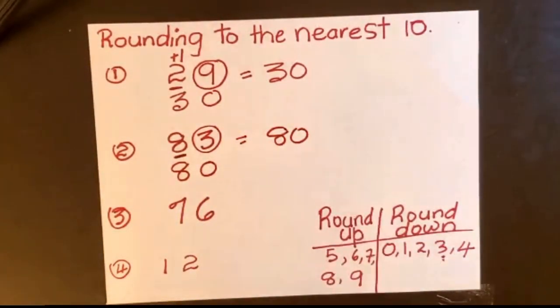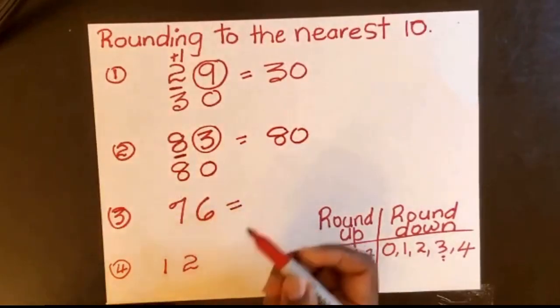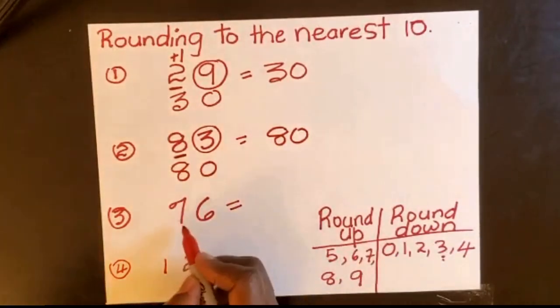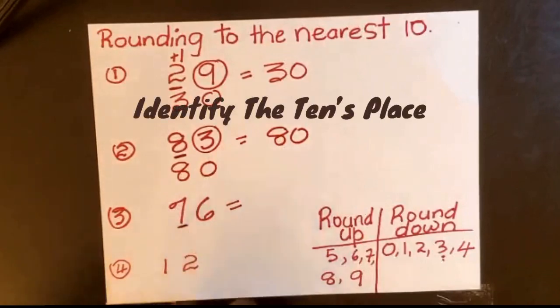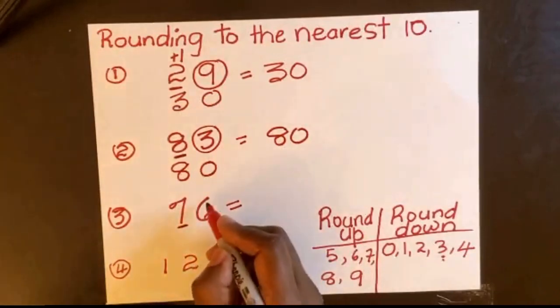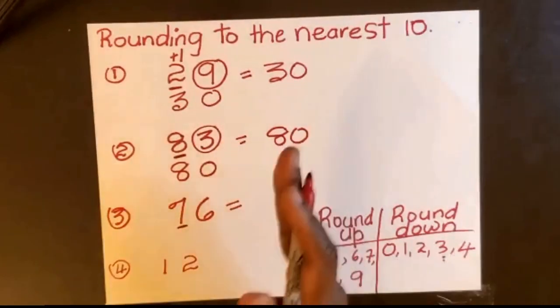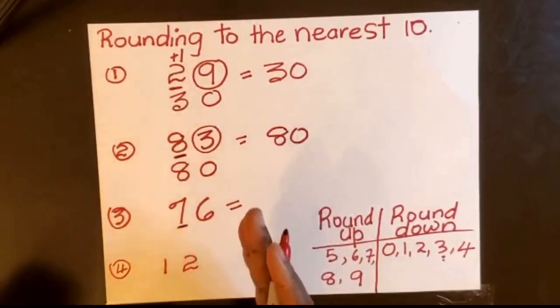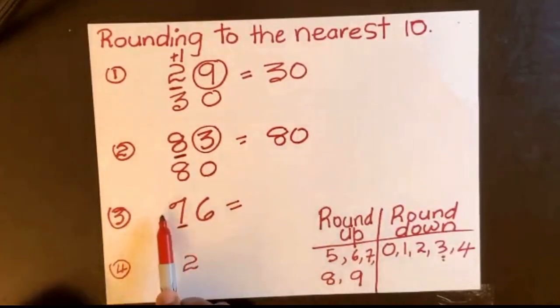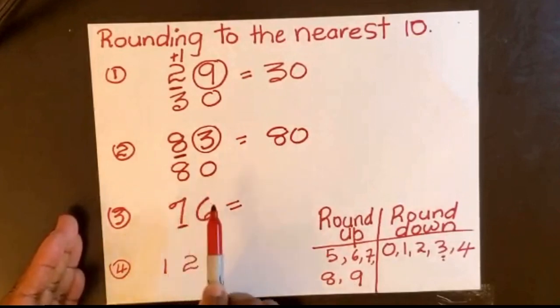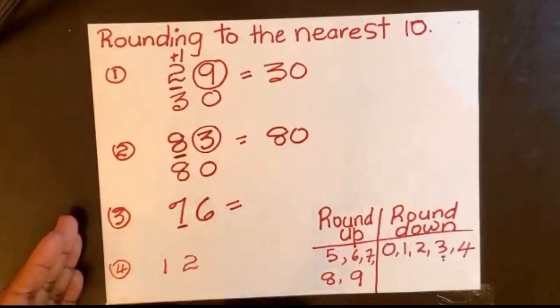Number 3, I'm rounding 76 to the nearest 10. What's the first thing that you should do? Yes, the first thing that you should do is to identify the tens place. Then you're going to circle the digit to the right. Remember, it's to the right, because you have to identify the digit to the right of the one that you are rounding.